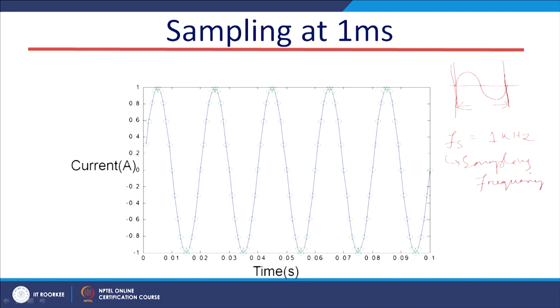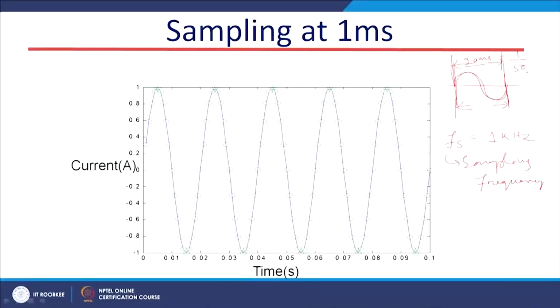Now, if the sampling frequency is 1 kilohertz and we have a 50 hertz voltage signal, what is the time period of this signal? It is 20 milliseconds, because 1 divided by 50 hertz, 1 upon frequency, is the time period.